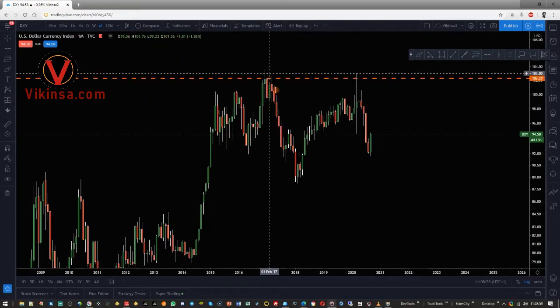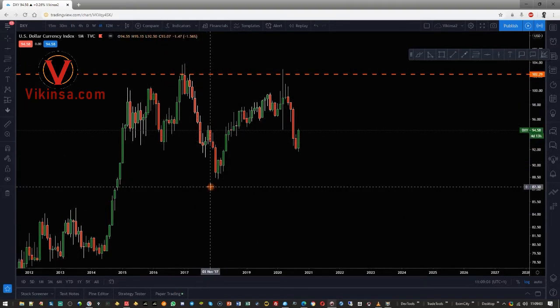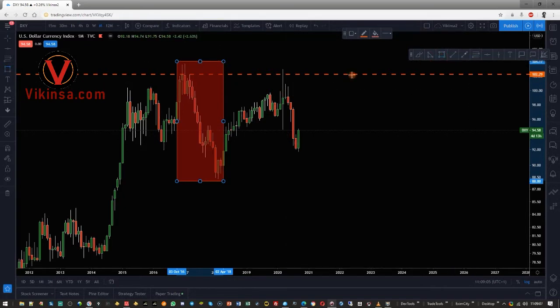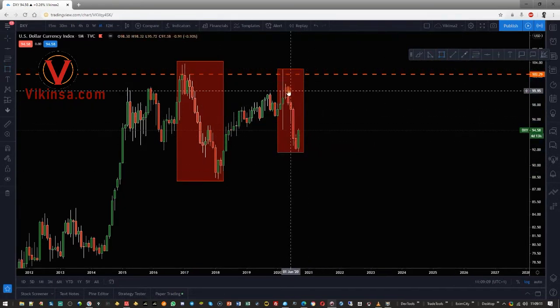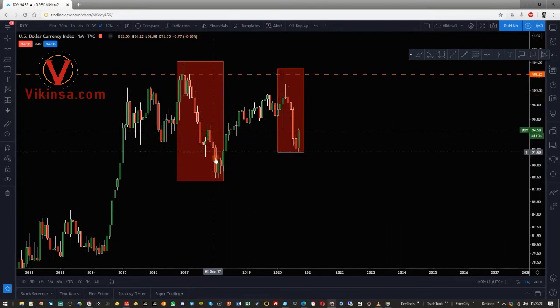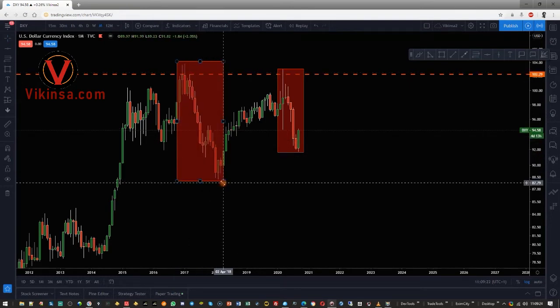The market came here, it fell down, and look at this period, which was even worse than what we have now. So why do we have so much noise in the market saying that the dollar is getting weaker? It's not. Look at this period, in 2017 to 2018, this entire month it actually fell much harder, with a much larger magnitude.